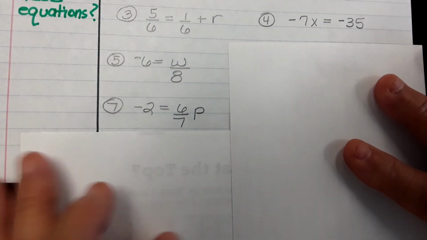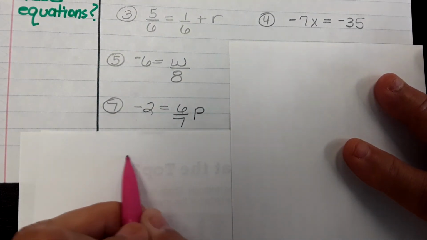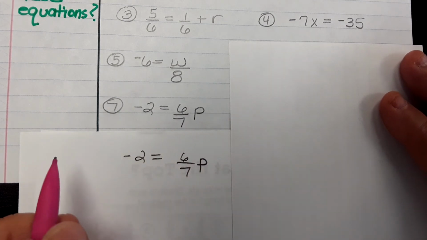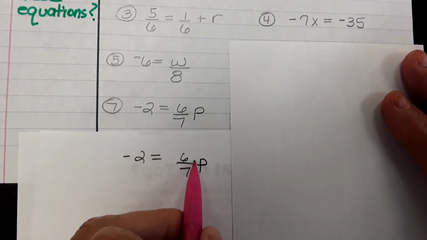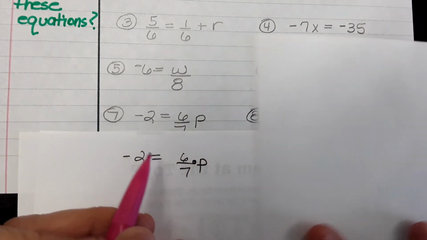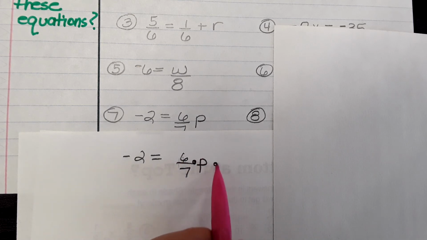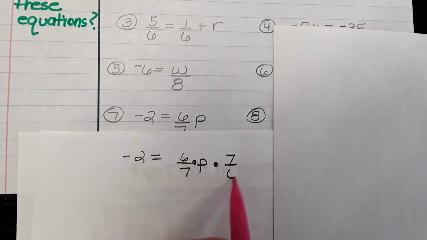Number 7, we've got -2 equals 6/7 p. Again, the invisible multiplication sign is going to go in between. And the opposite of multiplying by a fraction, remember your notes, we highlighted it in yellow. To undo multiplying by a fraction, you're going to multiply by the reciprocal.